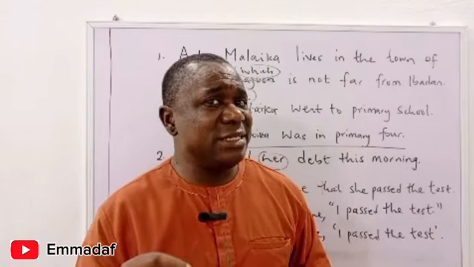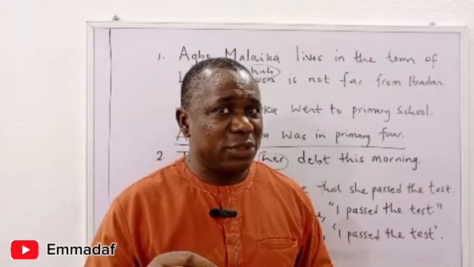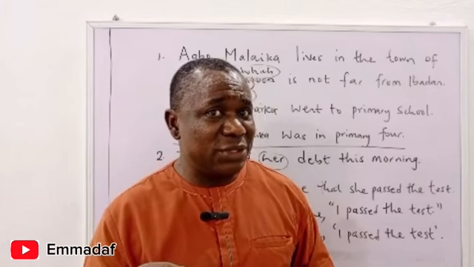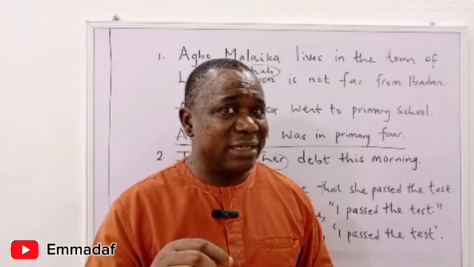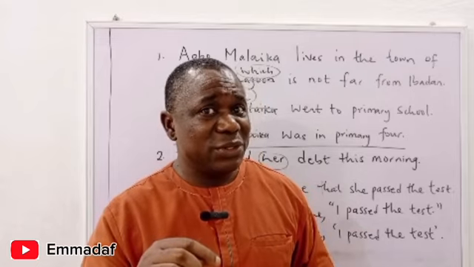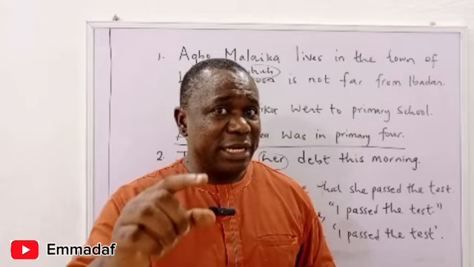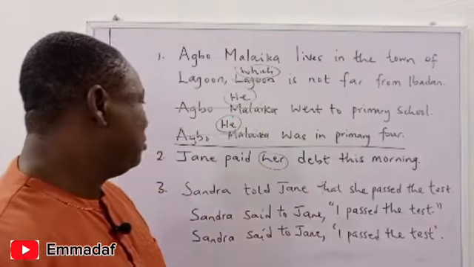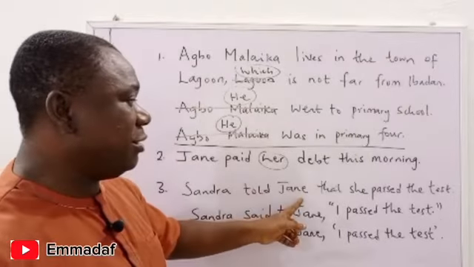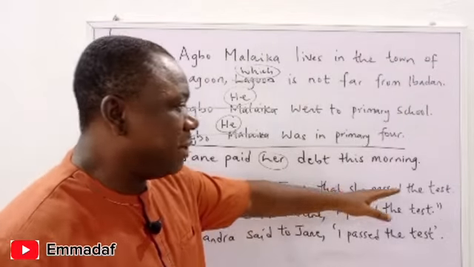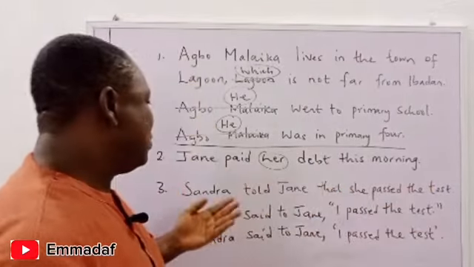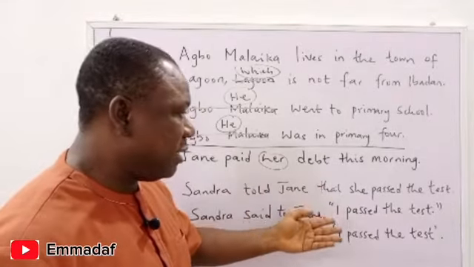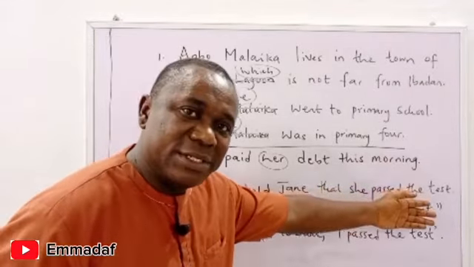However, there are sentences we construct where it is not so easy to identify the antecedent of the pronoun. Let's look at this example. Sandra told Jane that she passed the test.